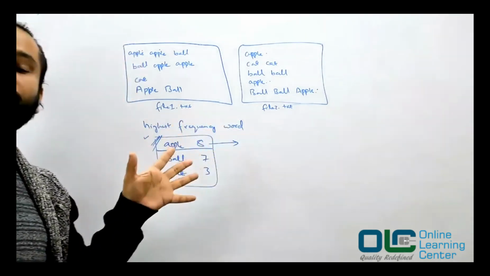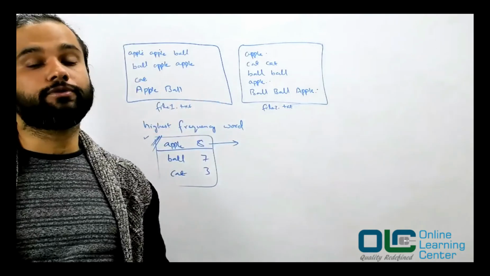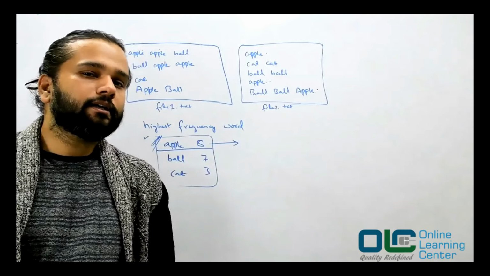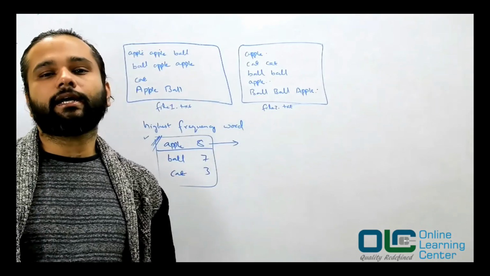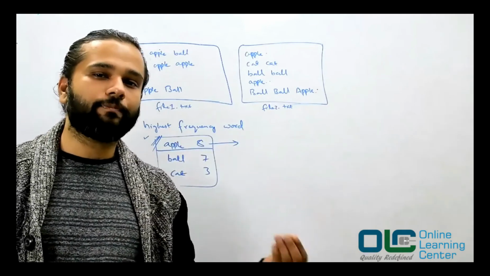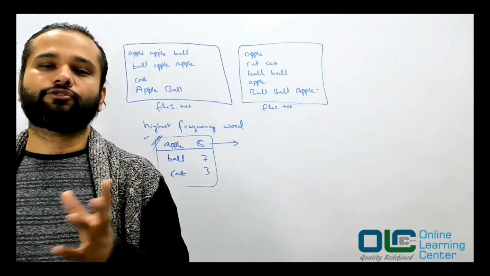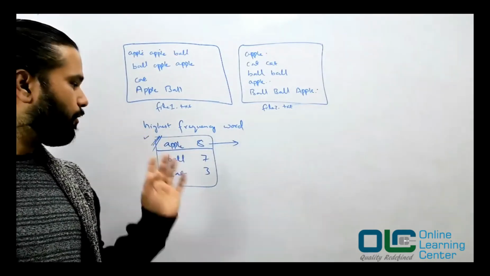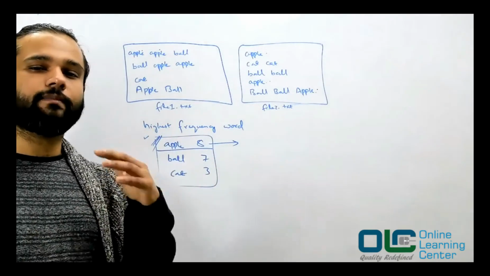Earlier you were solving the word count problem, and that time it did not matter if you got the data in different groups. I used to get group 1 as apple with all ones and just say apple 1 plus 1 plus 1 plus 1 plus 1 is equal to 8, and ball 1 plus 1 plus 1 plus 1 is equal to 7, and so on.